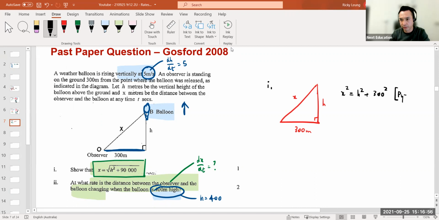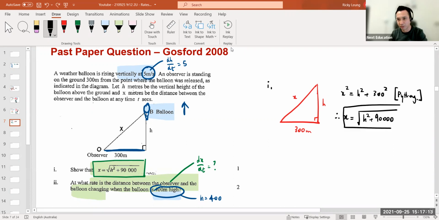Pythag. And then therefore x, as a distance, is always going to be positive: x equals the square root of h squared plus 90,000. That's it. That's one mark. Piece of cake, right? Nothing too fancy about that.